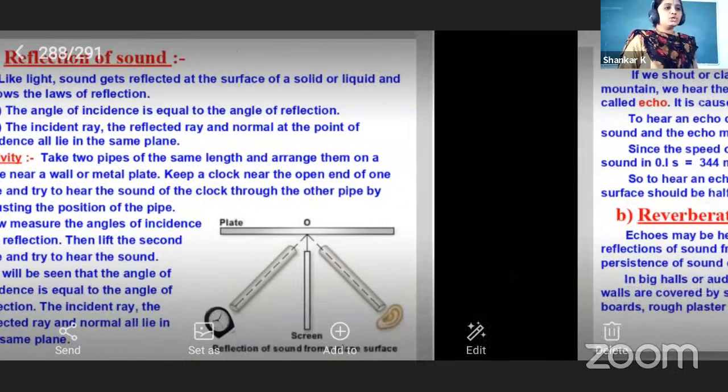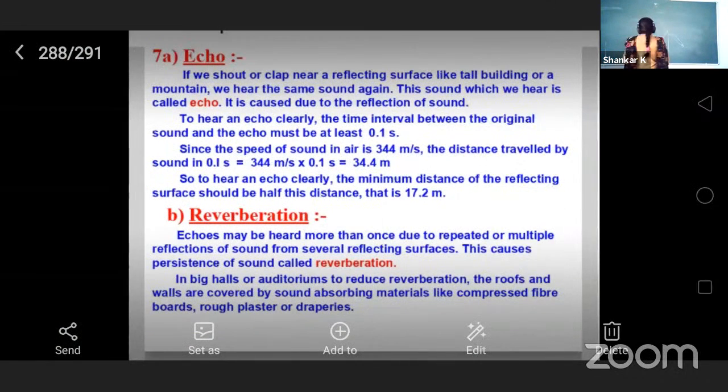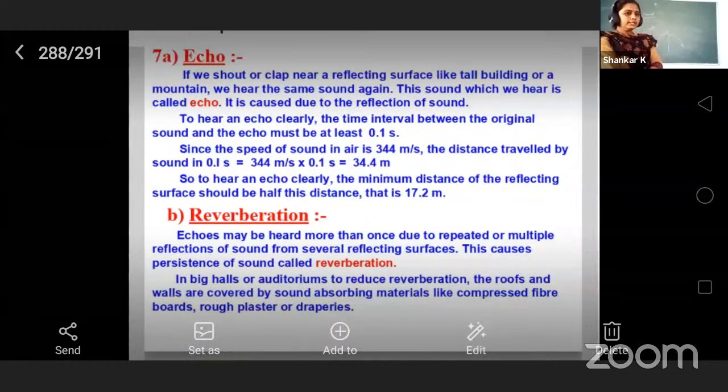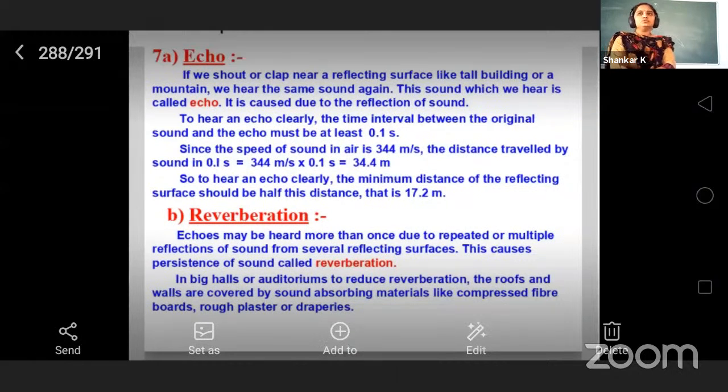Next is echo. I think all of you visited Gol Gumbaz in Karnataka, right? Have you visited Gol Gumbaz, students?